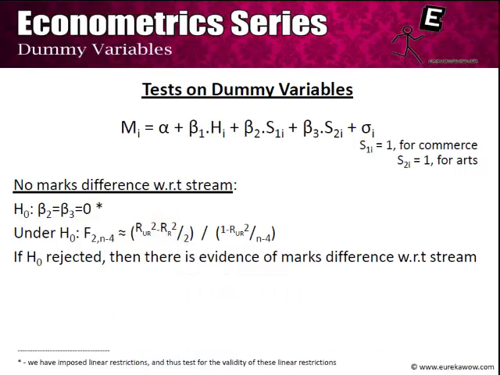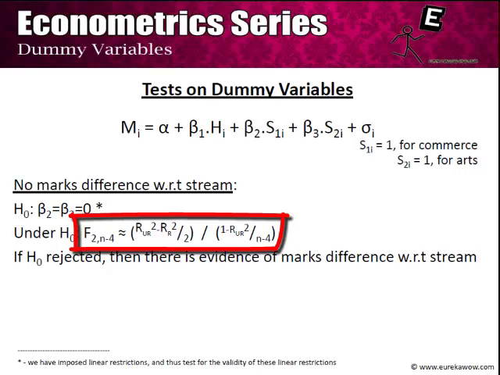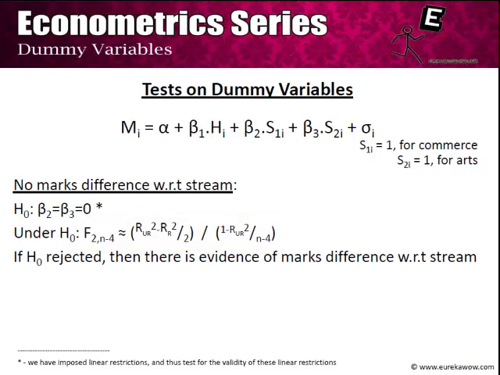Under H naught, R squared unrestricted minus R squared restricted divided by the number of restrictions, which is 2, divided by 1 minus R squared unrestricted divided by n minus 4 will follow an F distribution with 2 degrees of freedom in the numerator and n minus 4 degrees of freedom in the denominator. If this H naught is rejected, then there is evidence of a marks difference with respect to stream, and hence we can conclude that the stream matters.